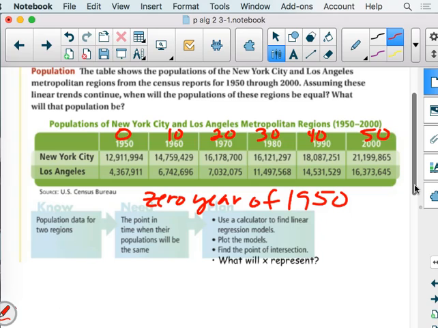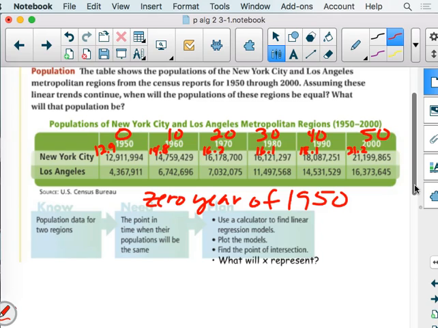For instance, we're going to round this to 12.9 million. This will be 14.8 million, 16.2 million, 16.1 million, 18.1 million, and this one will round to 21.2 million.